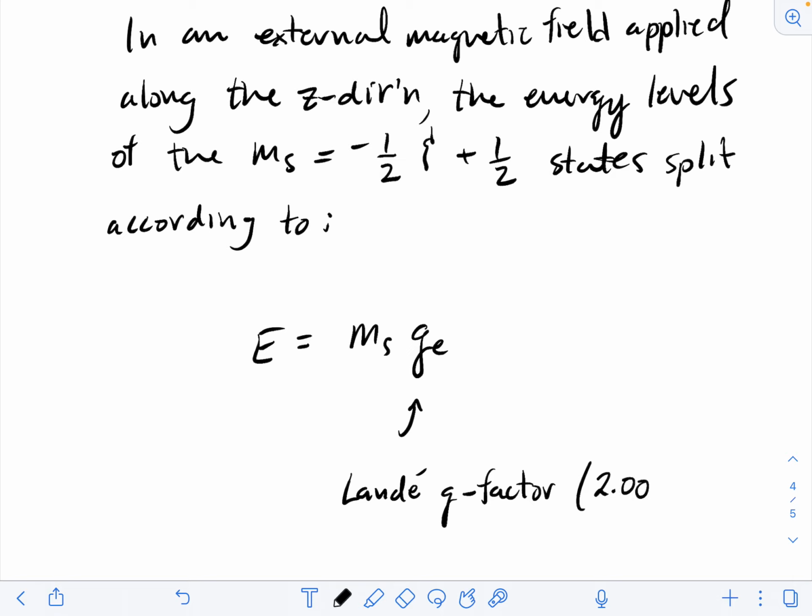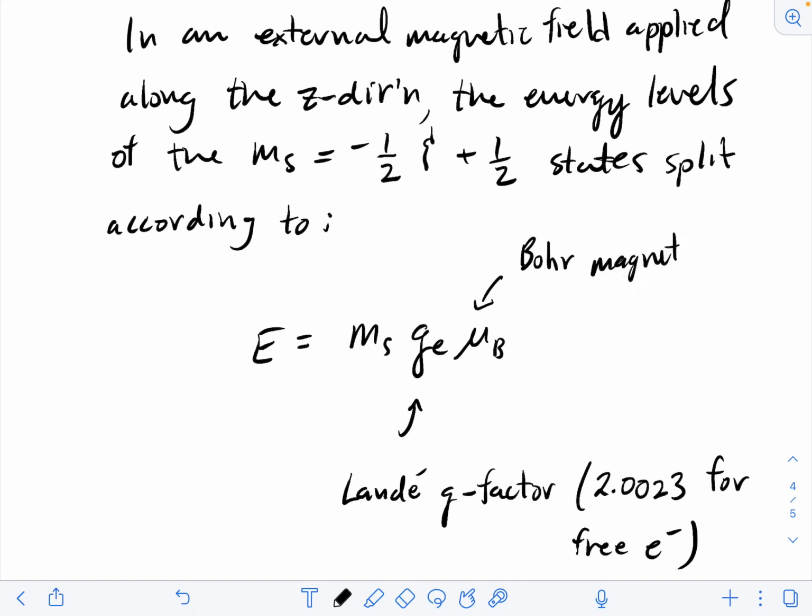It's 2.0023 for free electrons. And then there is another constant. This is the Bohr magneton. And then times B, which is the magnetic field.